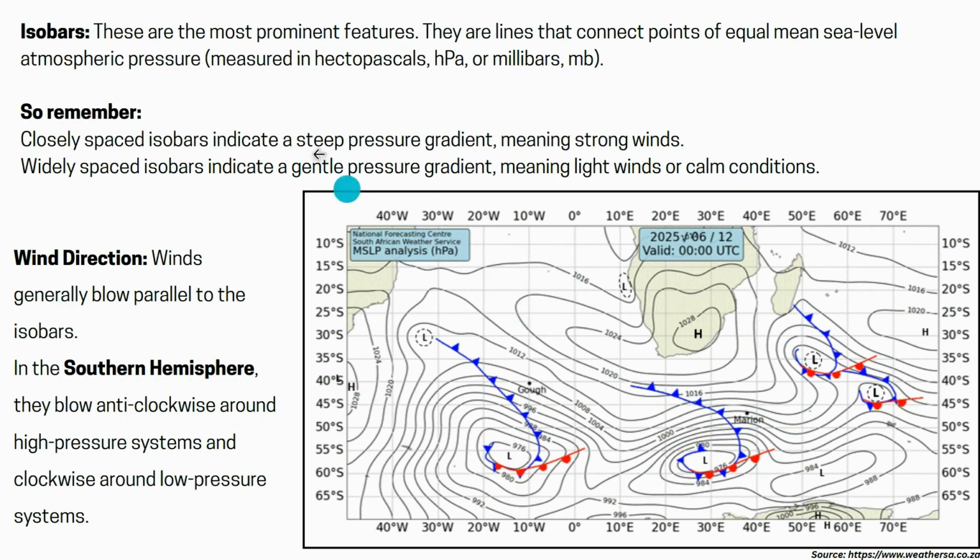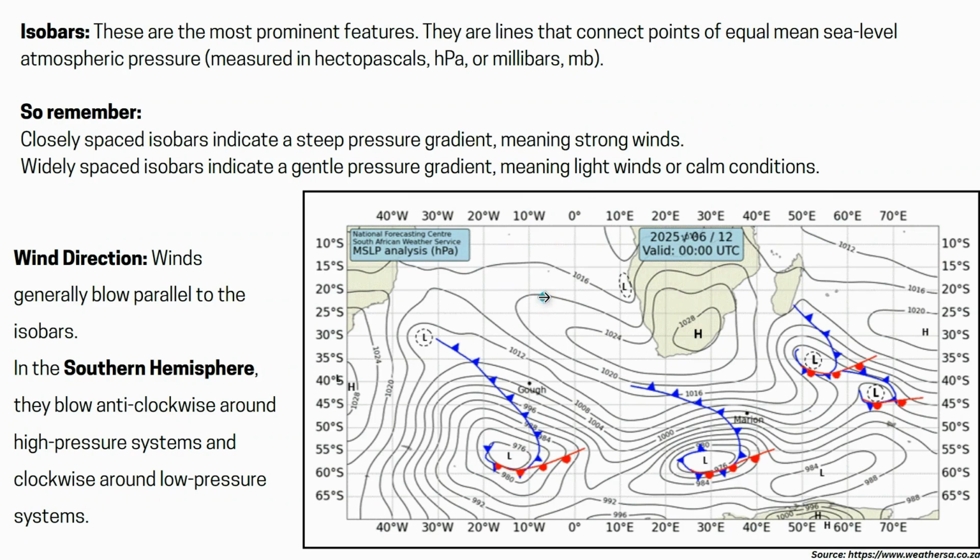So remember, closely spaced isobars indicate a steep pressure gradient, meaning strong winds. Widely spaced isobars indicate a gentle pressure gradient, meaning light winds and calm conditions.